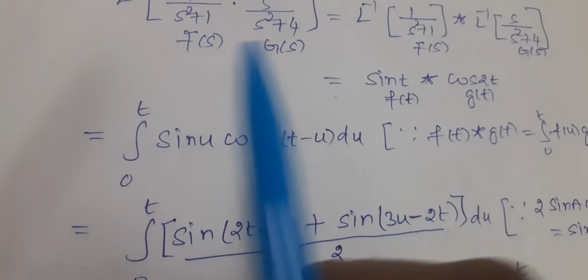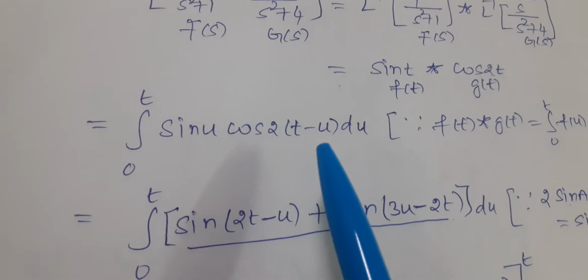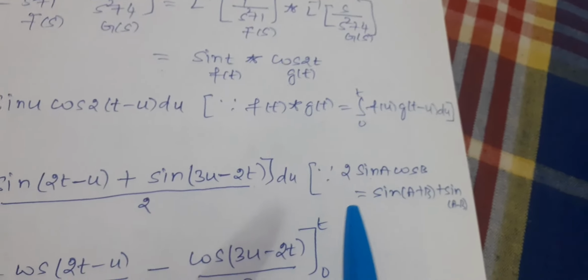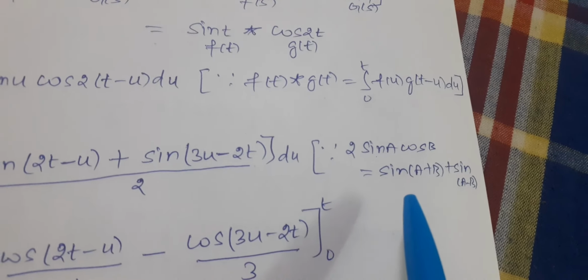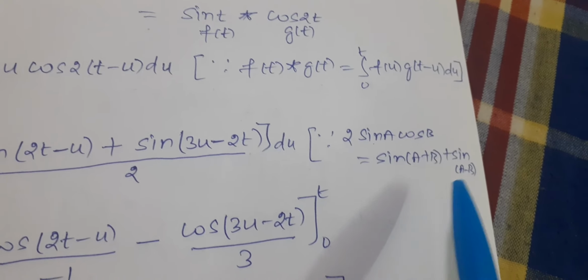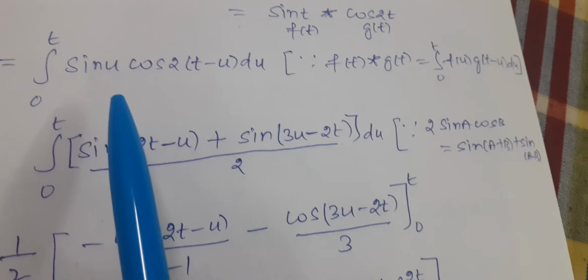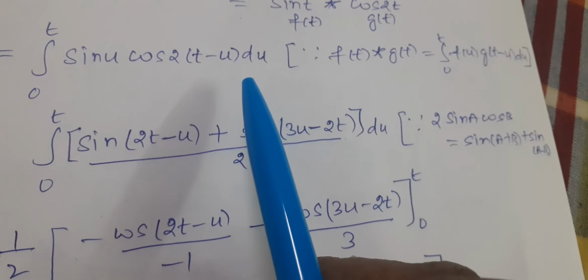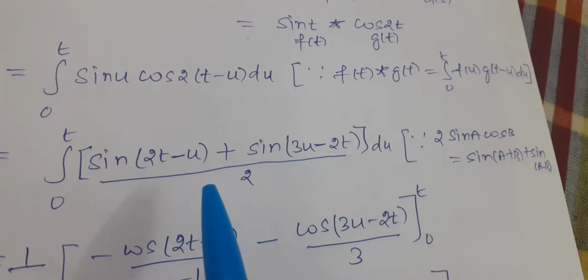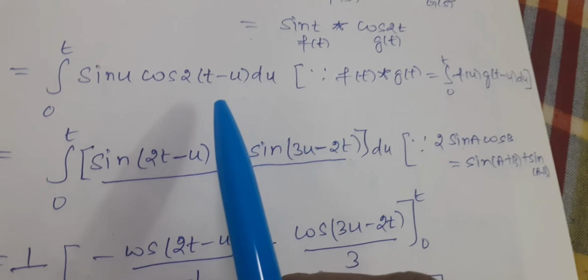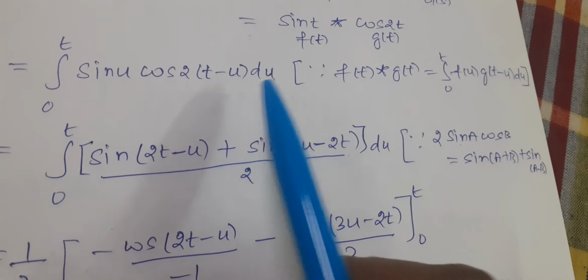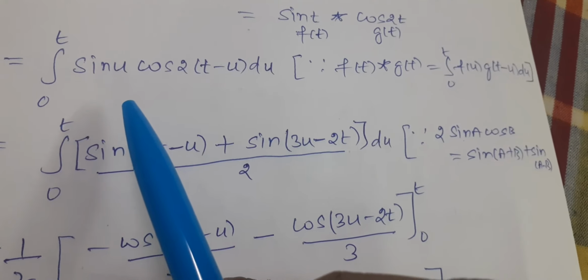So I have to integrate this sin a cos b. What is the formula I have to use? 2 sin a cos b is nothing but sin of a plus b plus sin of a minus b. So here a is u, b is 2t minus 2u. So sin of a plus b: u plus 2t minus 2u, so minus 2u plus u, what you are getting?